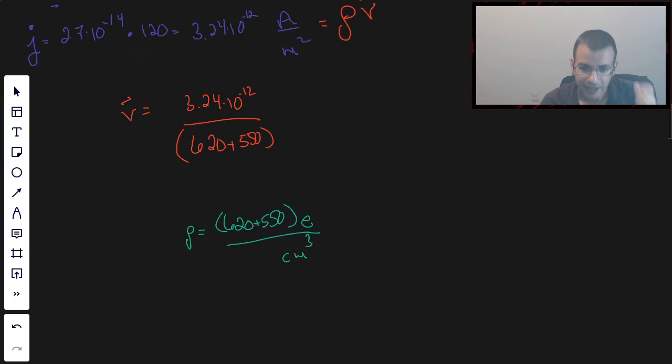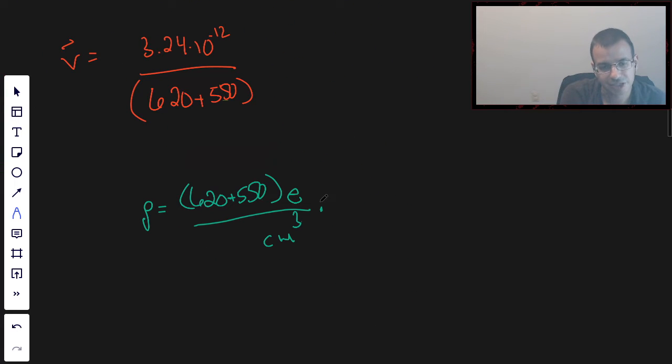There we go. And now we have to convert cubic centimeters to cubic meters, just to use SI units. We're going to have 100, which I'm going to write as 10 squared centimeters per 1 meter, and we're going to do that 3 times so that we have cubic centimeters.